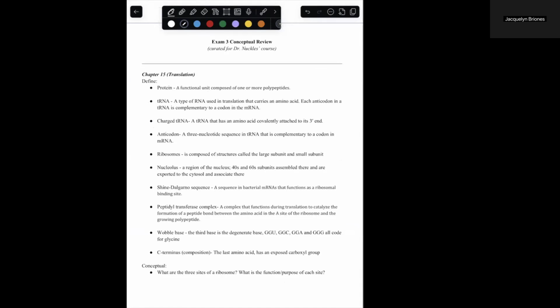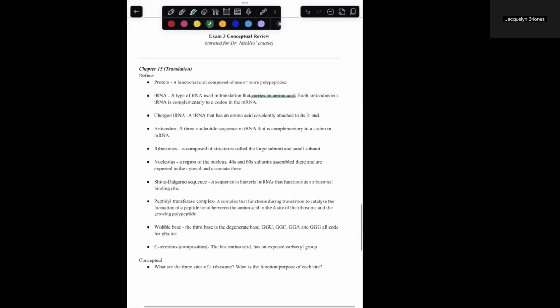A protein is a functional unit composed of one or more polypeptides. tRNA is a type of RNA used in translation that carries an amino acid. It's important. Carries an amino acid. Each anticodon is in a tRNA and has a complementary codon in the mRNA.